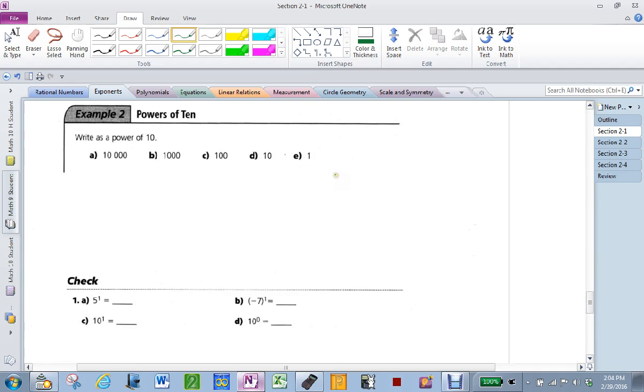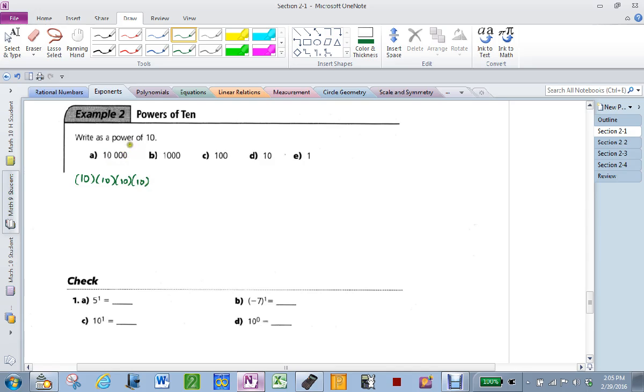Now, the very last thing. What is the power of 10? We've already done this in these notes. Where have we written 10,000? It was 10 times 10 times 10 times 10.